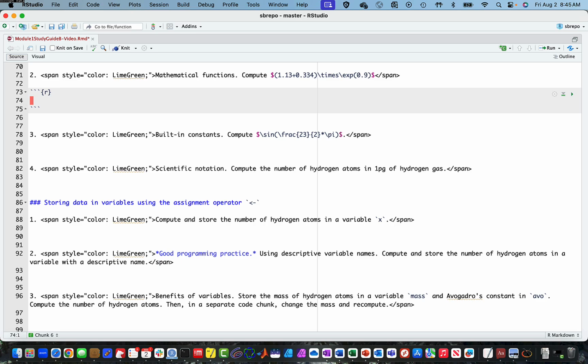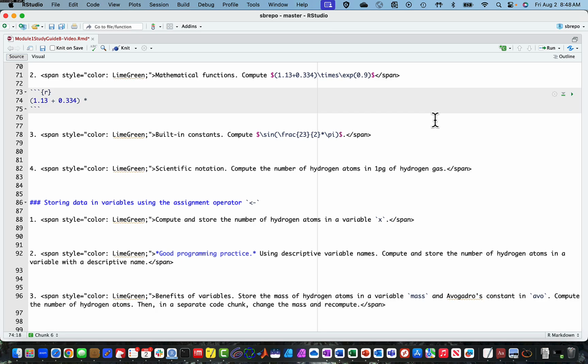And just like before, here we have addition and multiplication. Therefore, we must protect the addition with parentheses. So I will say 1.13 plus 0.334 times, which is the asterisk, 1, 2, 3, 4.